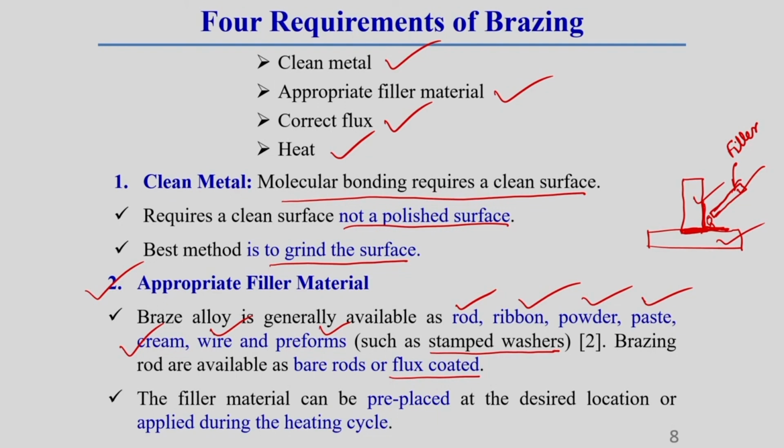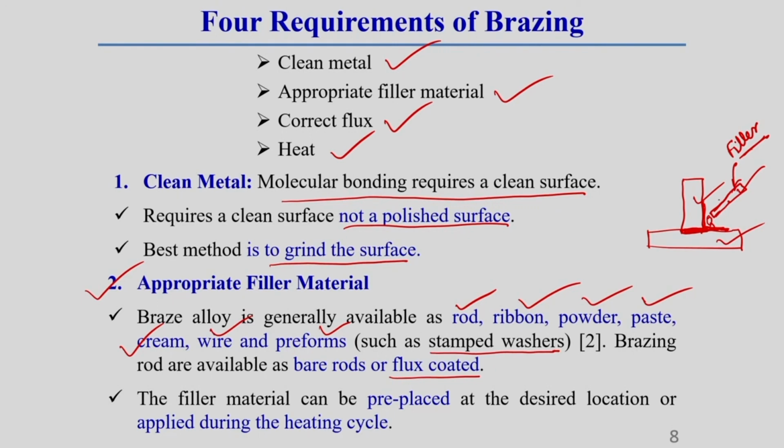Now, this filler material which we are using can be pre-placed at the desired location or applied during the heating cycle. You see, this filler can be pre-placed, that means before heating itself we can place it over there in powder form, ribbon form, paste form or cream form in this region. Or we can use it during the brazing cycle itself, during the heating cycle.